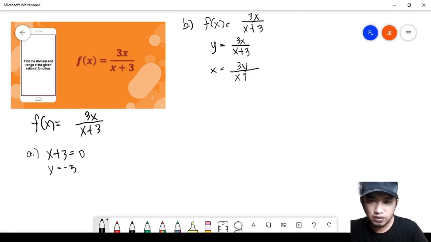That is supposed to be y. x equals 3y all over y plus 3. Alright. Okay, so as you can see, x has an imaginary 1. So, anong gagawin natin?